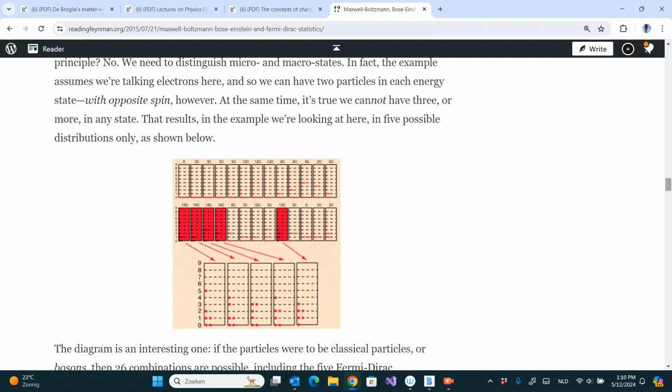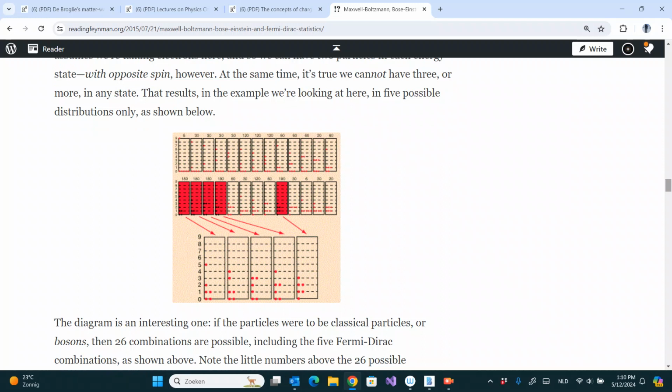Fermi-Dirac statistics are really a matter of acknowledging that you can only have, as I show here in this picture, two particles in one energy state, and then you can have, here in this example, we have 1, 2, 3, 4, 5, 6 particles, and we have 9 possible energy states.